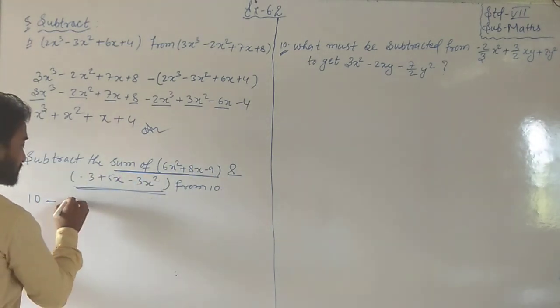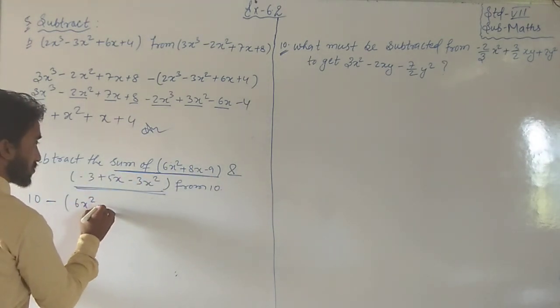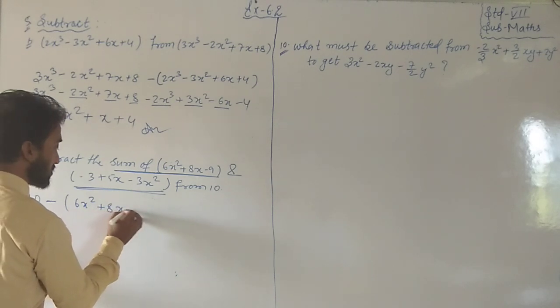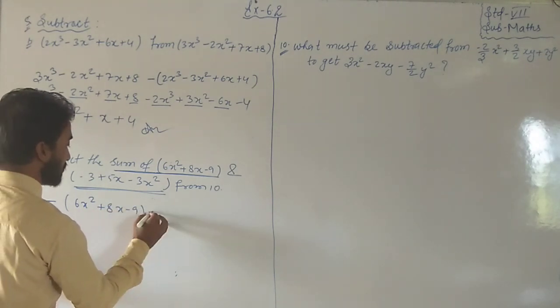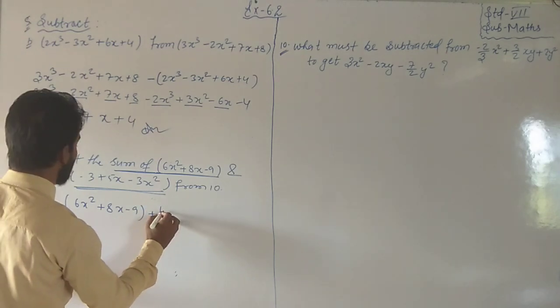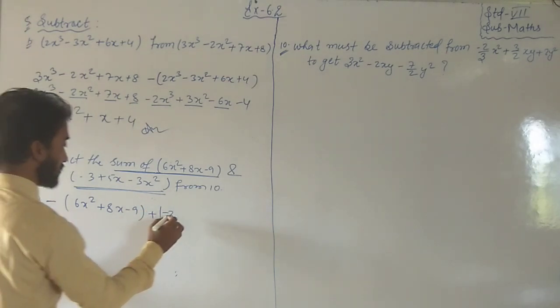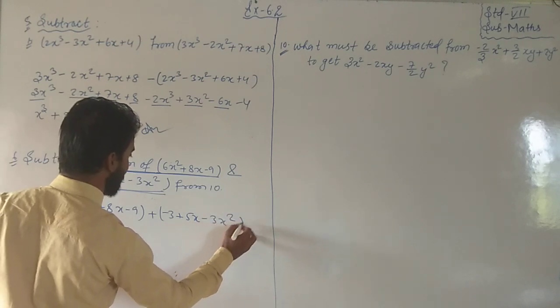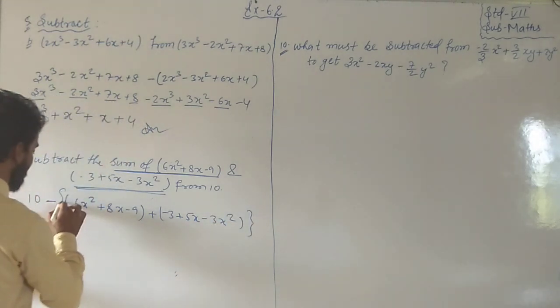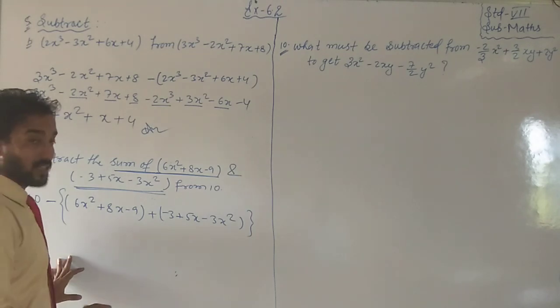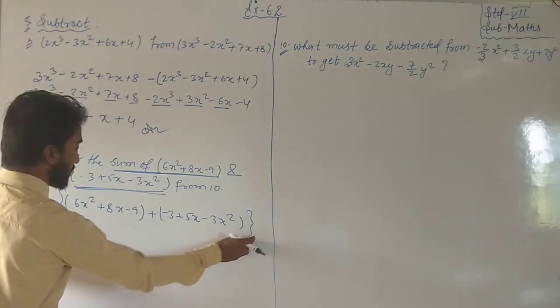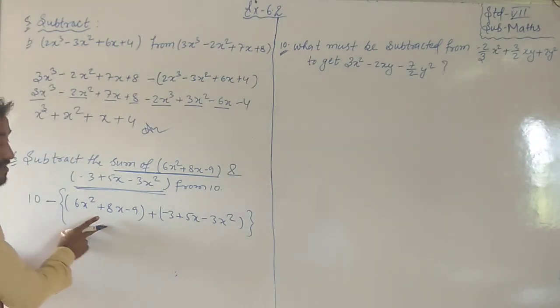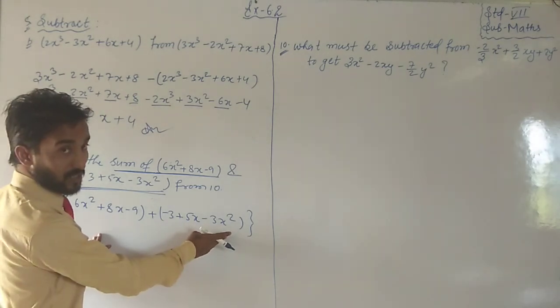So we will write 6x square plus 8x minus 9, plus minus 3 plus 5x minus 3x square. Students, you may ask, sir, why have you separated by the curly bracket? Because it is a separate expression. Why?